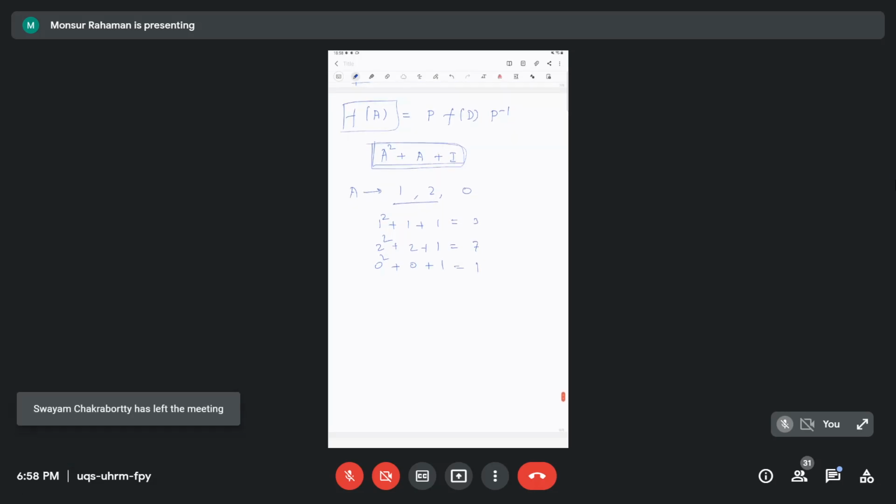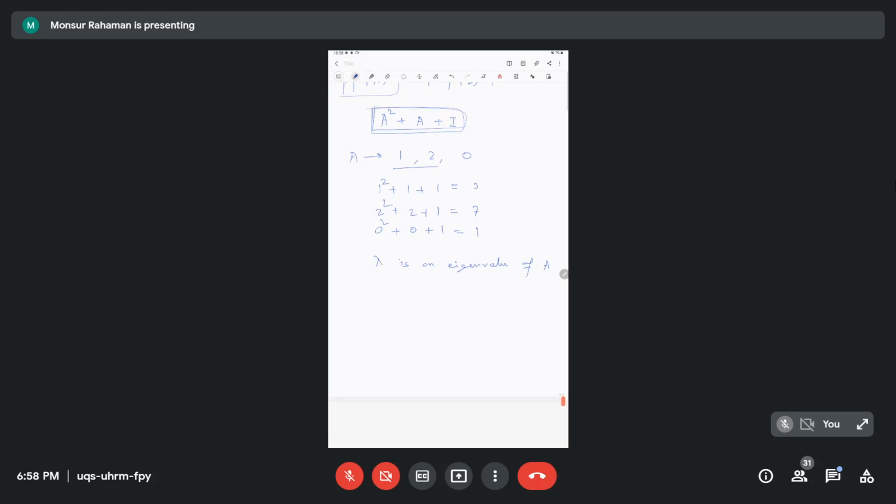If I say that lambda is an eigenvalue of a, then you can say that the matrix M equals a minus lambda i is a singular matrix. Do you know why?